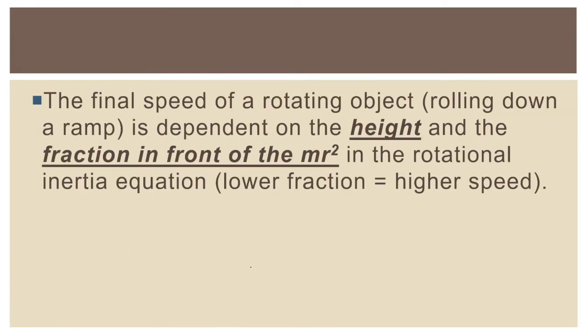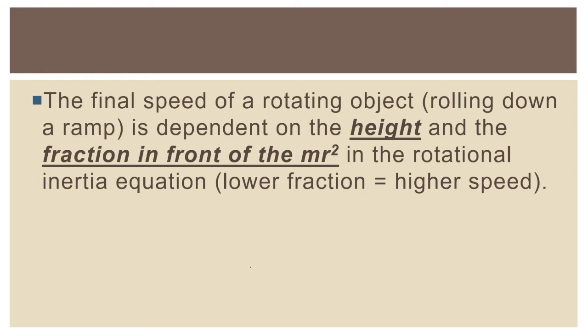The final speed of a rotating object rolling down a ramp is dependent on the height and the fraction in front of the mr squared in the rotational inertia equation. As I mentioned before, the rotational inertia equation is always going to take the form mr squared times something.